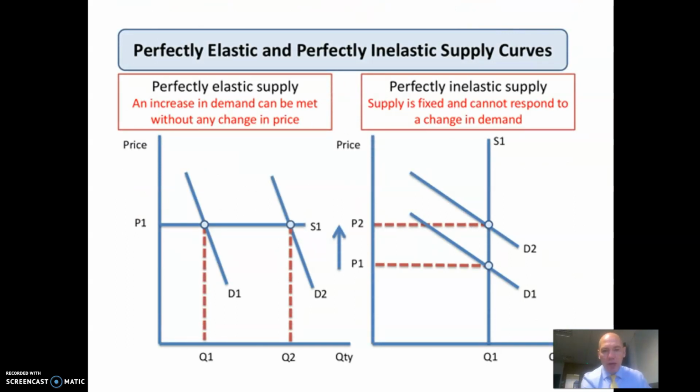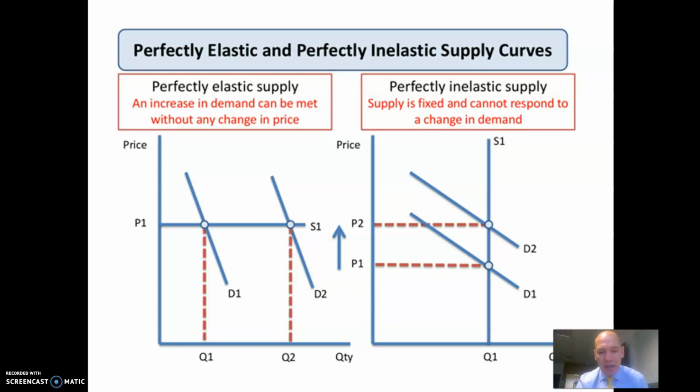Okay, pushing further forward, if you have a look at the left-hand diagram, supply is perfectly elastic. It is equal to infinity. And this time when there is a rise in demand, what happens? Have a look closely at that.